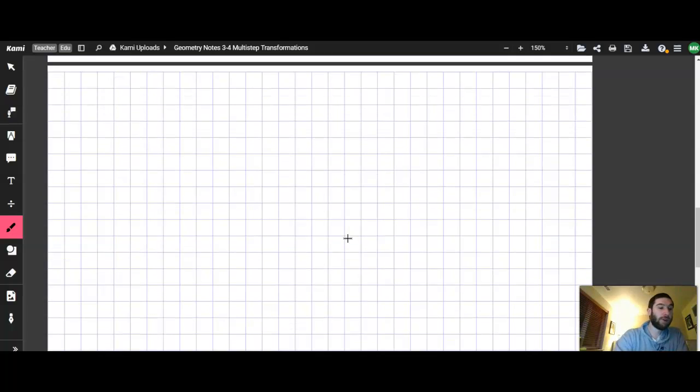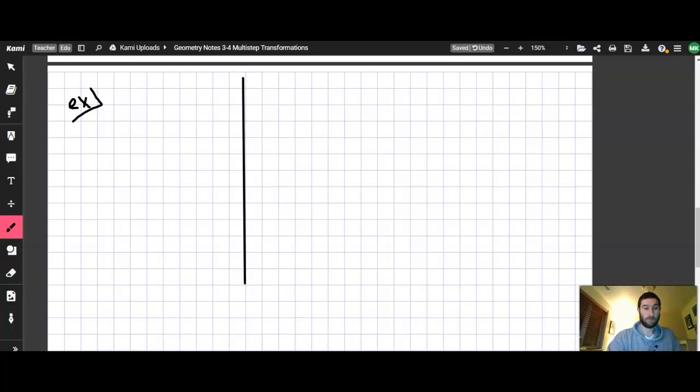This time I'm just going to do a glide reflection of a single point. Let's put it on right here. Let's pick this spot.